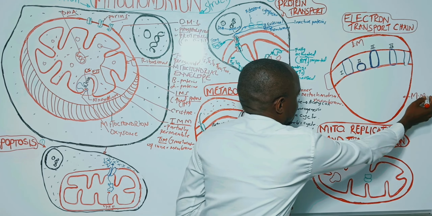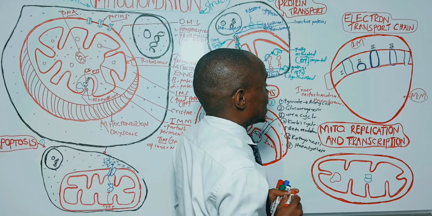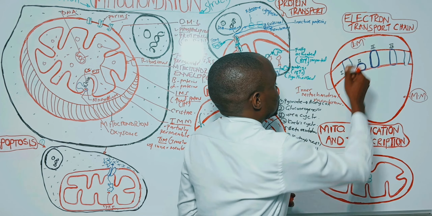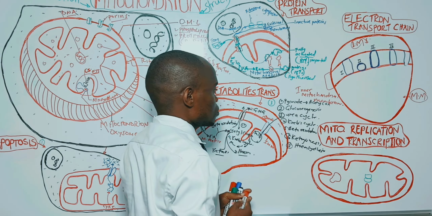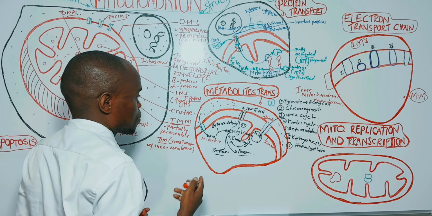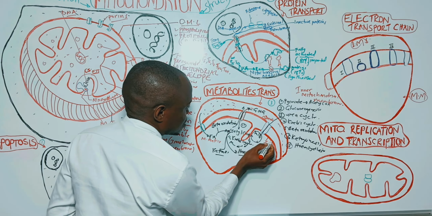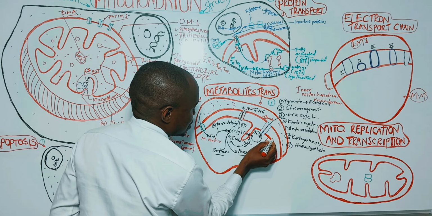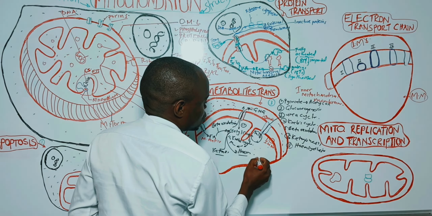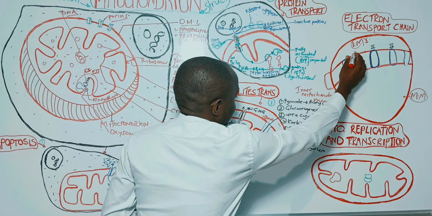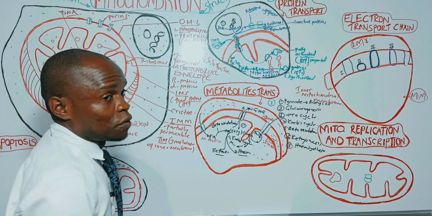This one is the inner membranous space, or inner mitochondrial space, just like what we are seeing here. All of this one here is the same as the one we are seeing here, the inner membrane. Then this one is the same as this space here, which we call the membranous space. Don't confuse it.